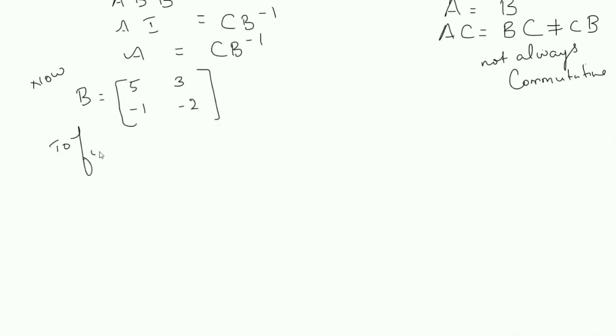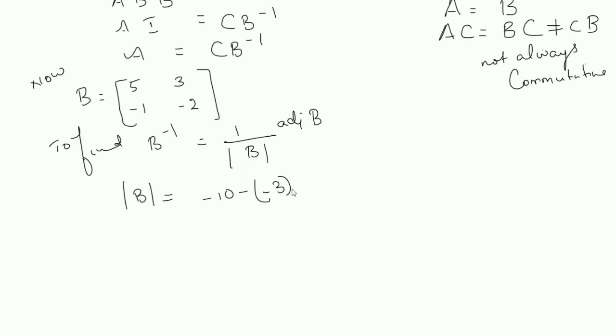So B inverse is 1 by determinant of B into adjoint of B. The determinant of B: cross multiply, 5 into minus 2 is minus 10, minus minus 3, so it is equal to minus 7, and that is not equal to 0.